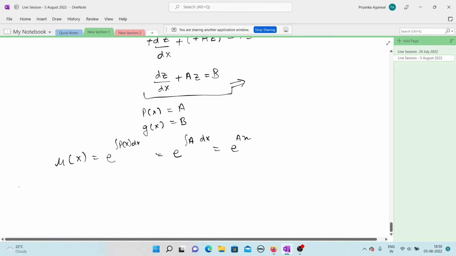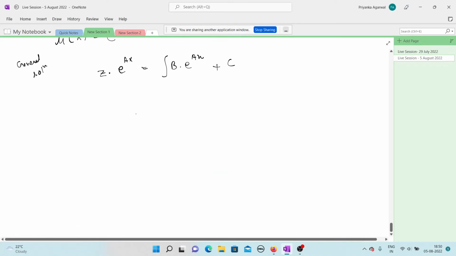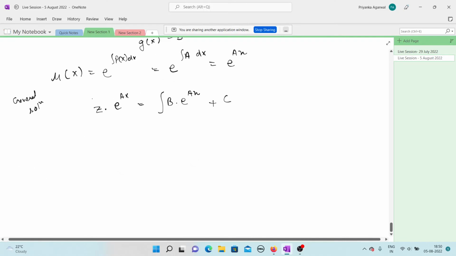Now the general solution will be z into e to the power ax equals integral of b e to the power ax plus some constant c. Right? This is what we have, right?